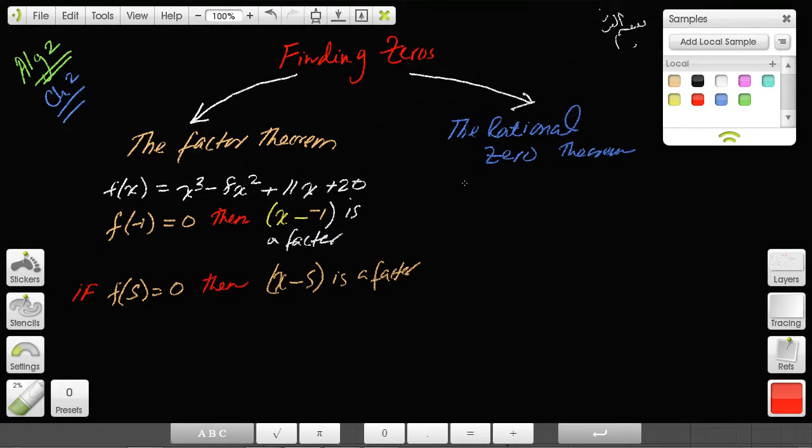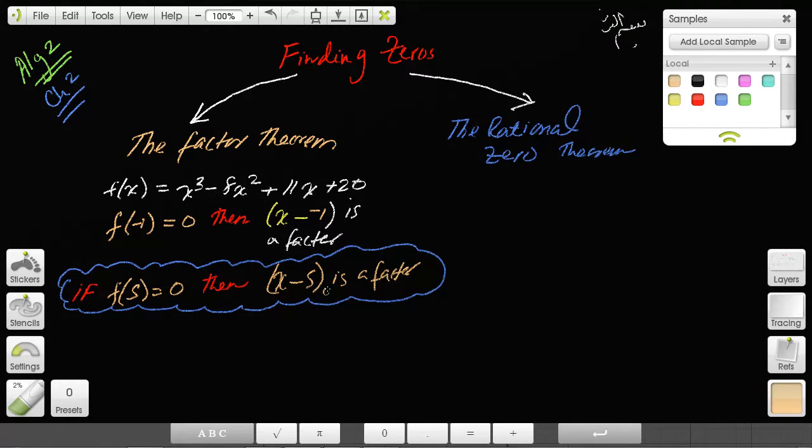So if f of s is equal to 0, then x minus s is a factor of the polynomial function. That's what that theorem says, and hopefully it's intuitive to understand. We talked about why that is previously.